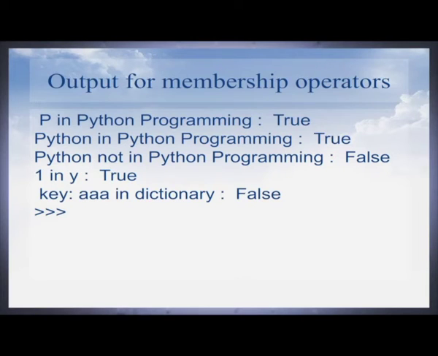So, this shows the output of the previously written program on membership operators. Again, remember that both identity and membership operators are binary operators. Having seen the different types of operators along with examples, it is time to dwell into expressions. What is an expression?